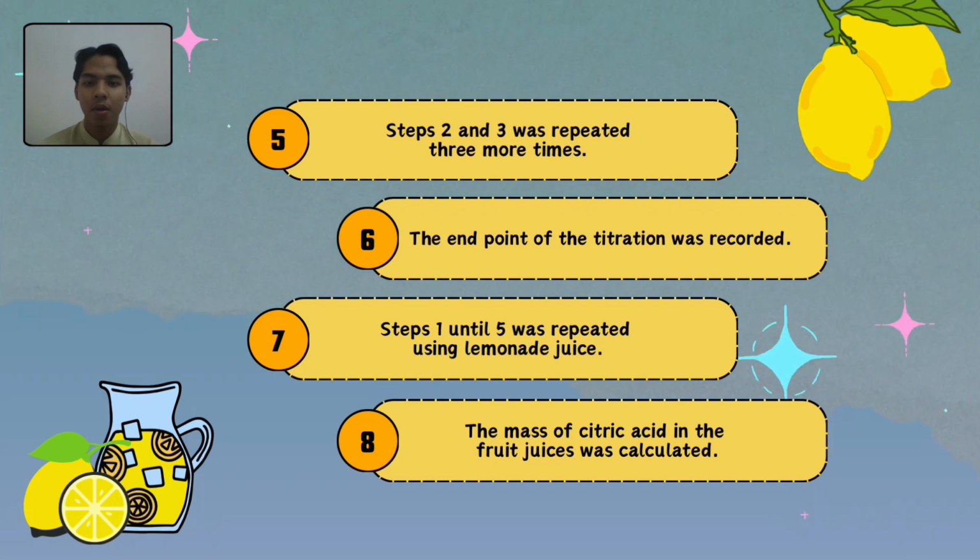And then for step 5, steps 2 and 3 were repeated 3 more times. The endpoint of the titration was recorded, and then steps 1 until 5 were repeated using lemonade juice. And then after that, the mass of citric acid in the fruit juices was calculated.